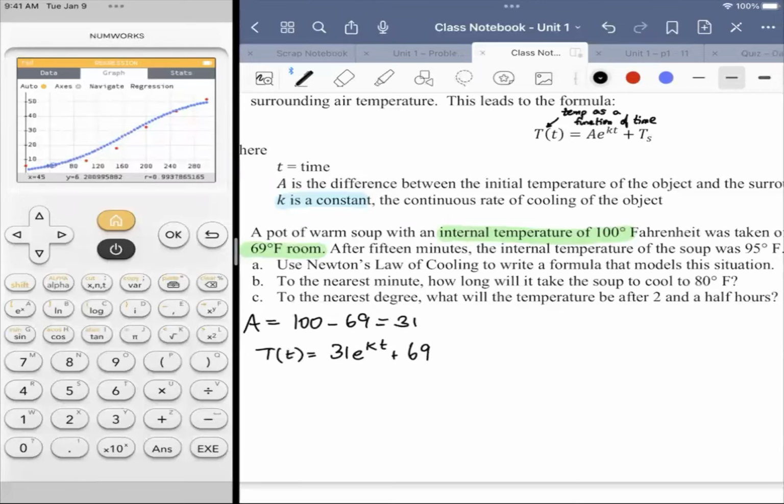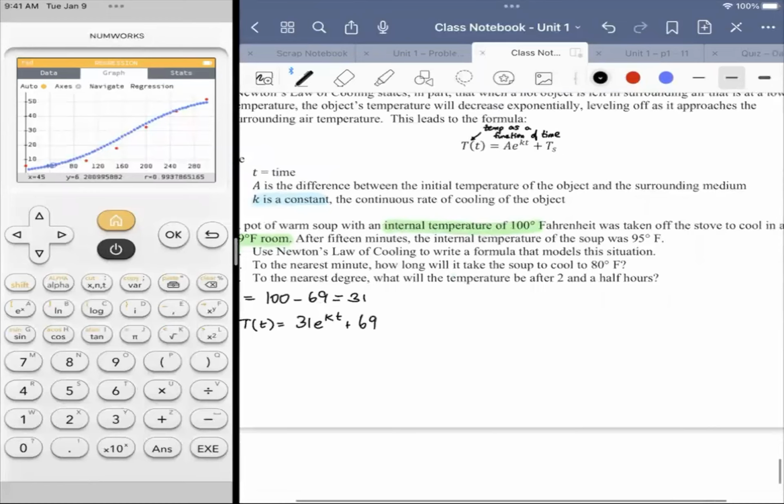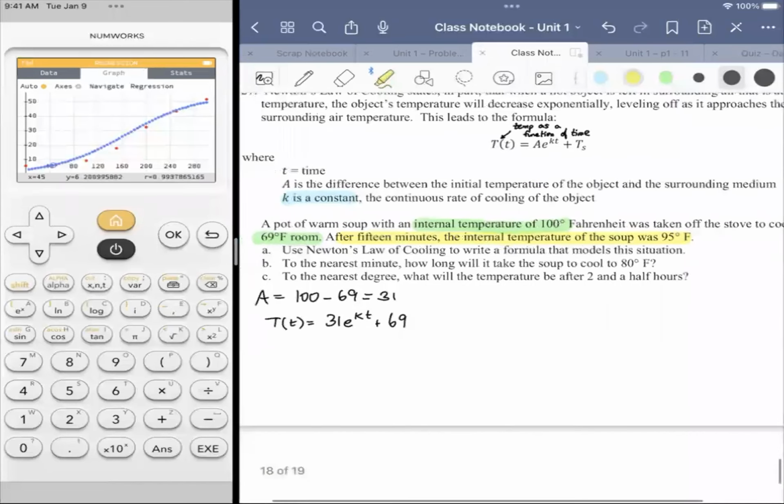They tell us that after 15 minutes, the internal temperature of the soup was 95 degrees. I'll go yellow for that. After 15 minutes, internal temperature was 95 degrees. Part B is saying to the nearest minute.